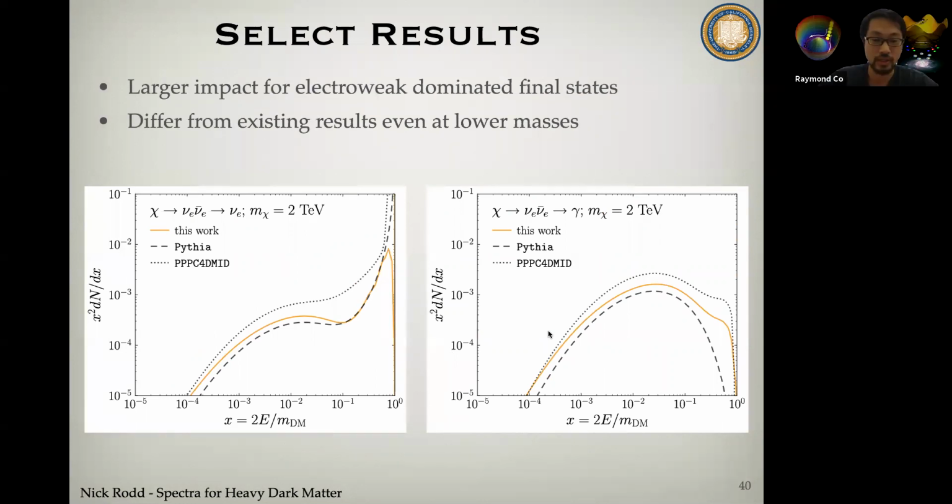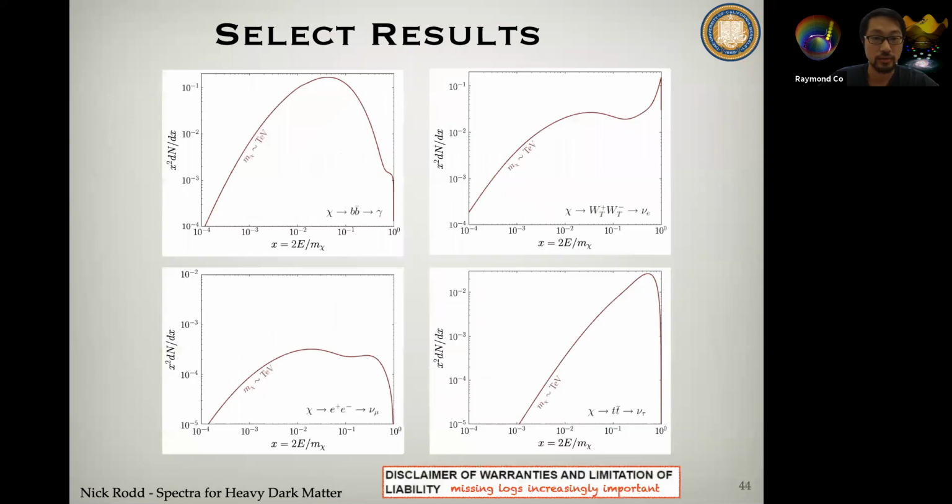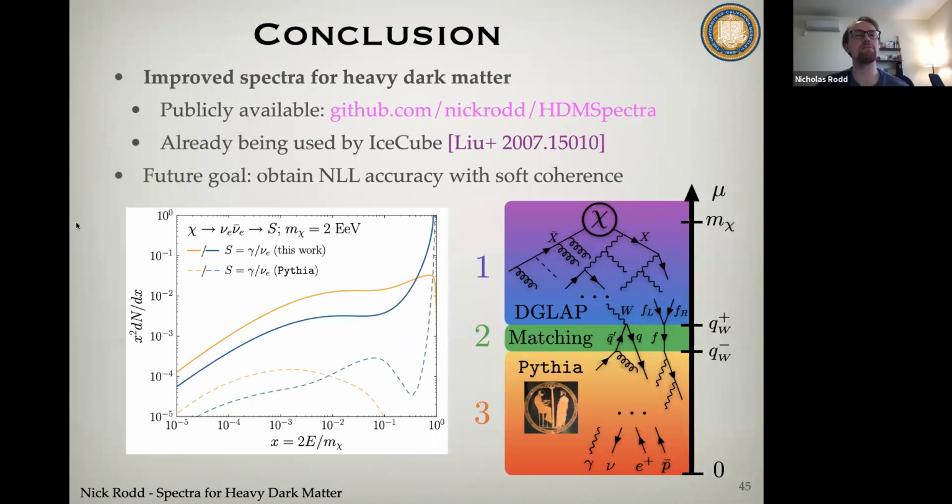I was thinking about the EeV plot that you were showing. In the final plot, I thought you were saying that in the intermediate scale right here, and then the low energy scale, you may not trust your calculation. Yeah, good. Yes. And this is because this goes back to this soft coherence point.